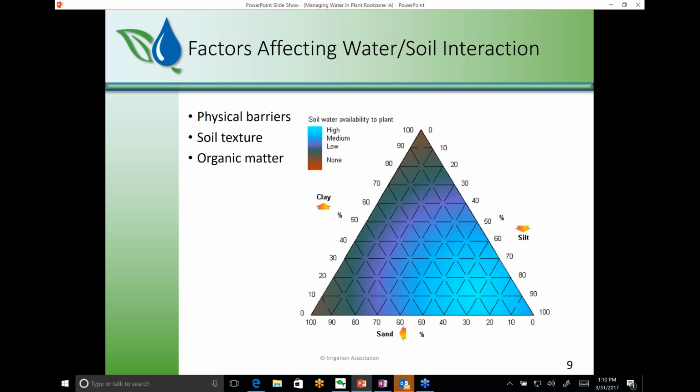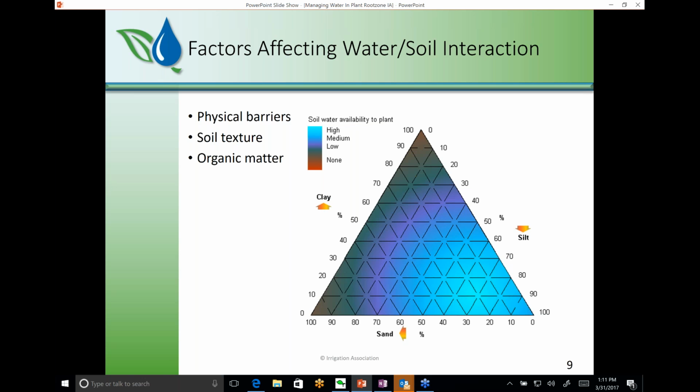If we look at the soil texture and its effect on the water-soil interaction, I think we all know that coarse textured soils have difficulty retaining water, and that finer soils do a better job of retaining water.